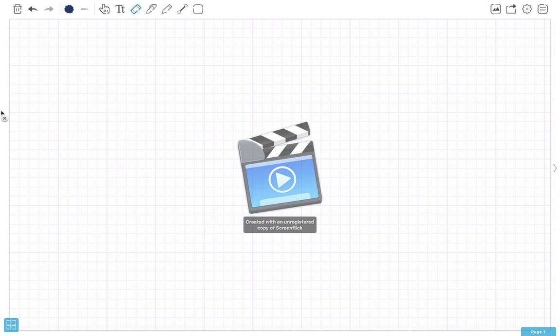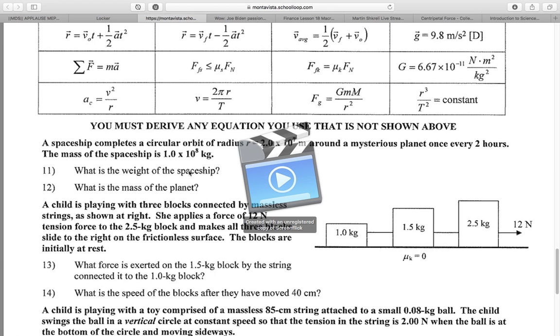That's your spaceship, and that's our mysterious planet. Doesn't matter how big it is, the gravitational force between them is always the same. Why? Newton's third law: for every force, there's an opposite force of the same magnitude. So the gravitational force is exactly the same, and that's essentially what we're trying to find.